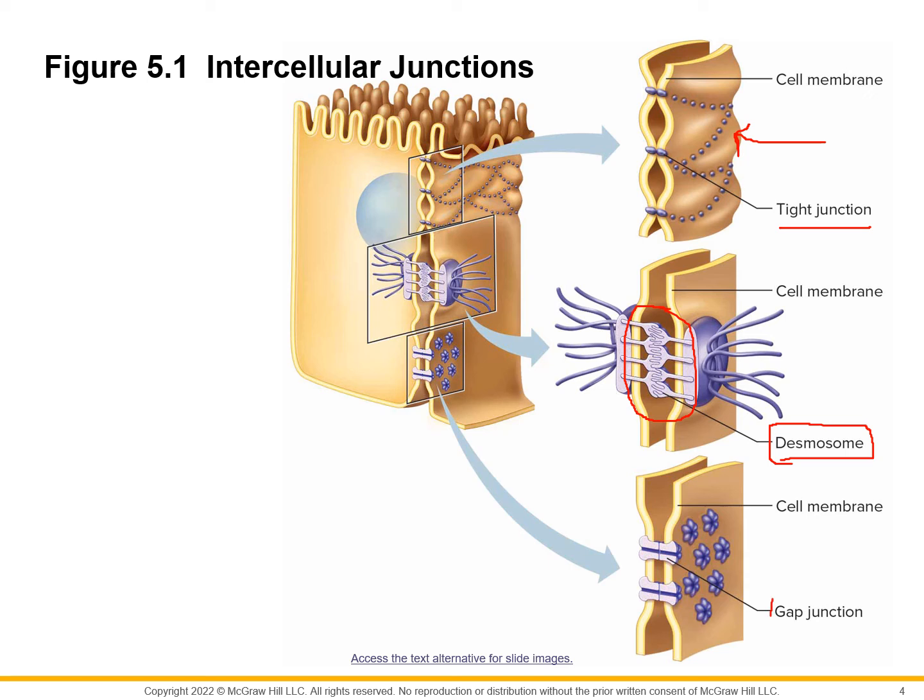And then we have what's called a gap junction. A gap junction is simply like having little PVC pipes that allow things to move between the cells. So if I'm a cell over here and I need some Grey Poupon, I can ask over here, and if they have it, they can bring it across these little gap junctions.